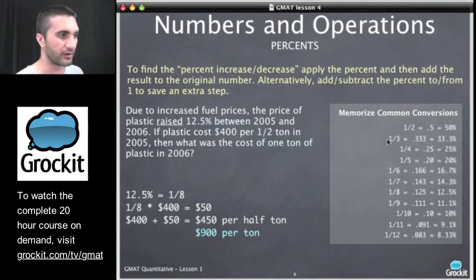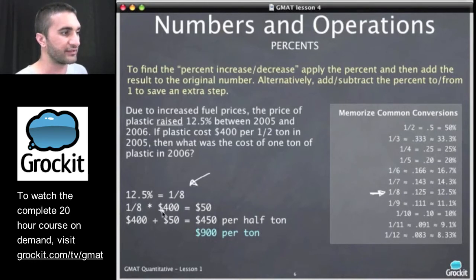So we have our common conversions over here, and they told us that due to increased fuel prices, the price of plastic raised 12.5%. So we know that 12.5% is really the same as 1/8. So this is why we've written that here.